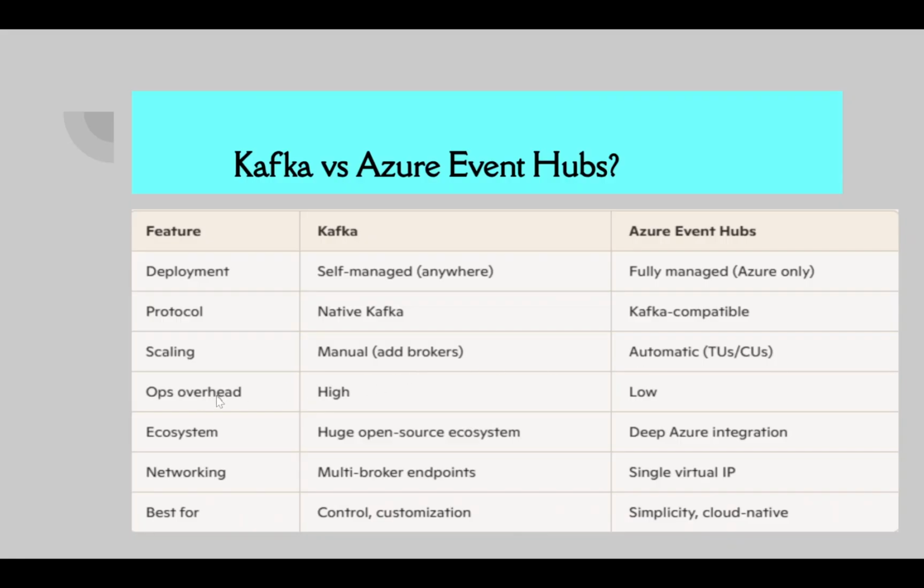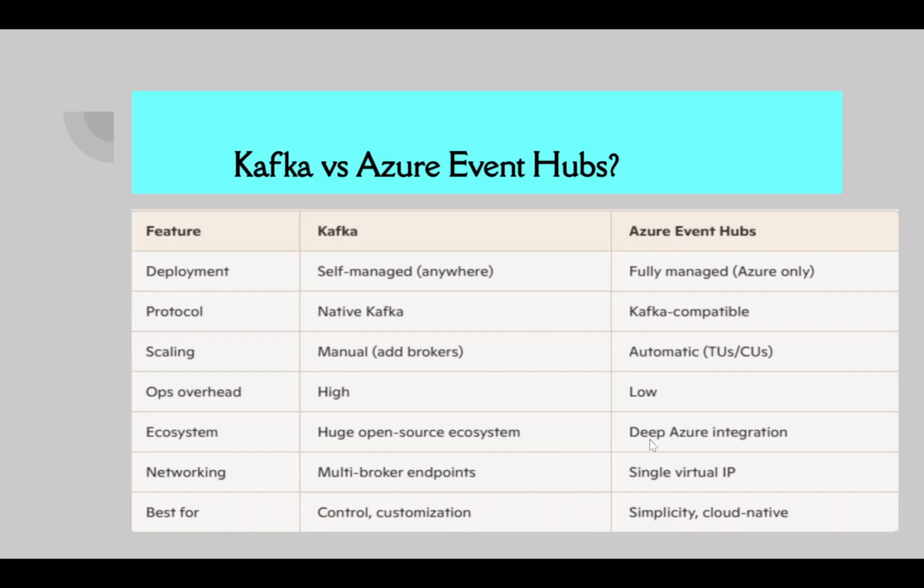Ops overhead for Kafka is very high. For Azure Event Hubs it is low because it's fully managed. Ecosystem: Kafka has a huge open source ecosystem. As I mentioned, Kafka was first used by LinkedIn, but then it moved to open source under Apache.